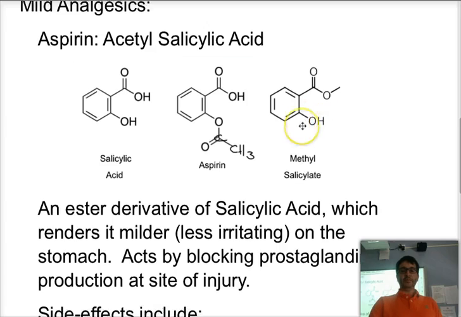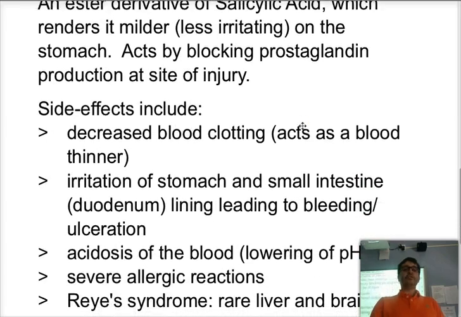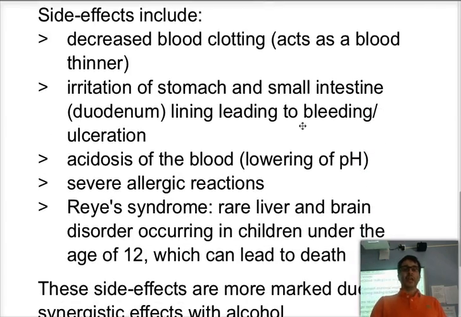analgesic. Now, some of the side effects of aspirin include decreased blood clotting and blood thinning. It can cause irritation to the stomach and to the small intestines, even though it is less than salicylic acid. It's still quite acidic.